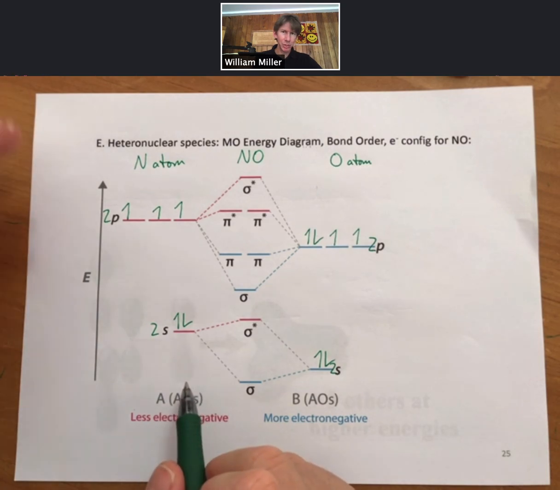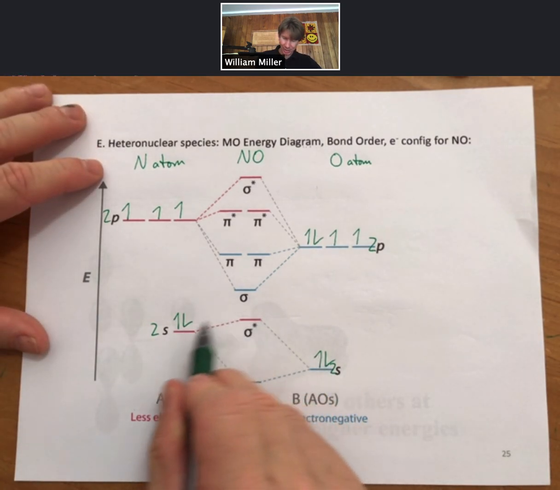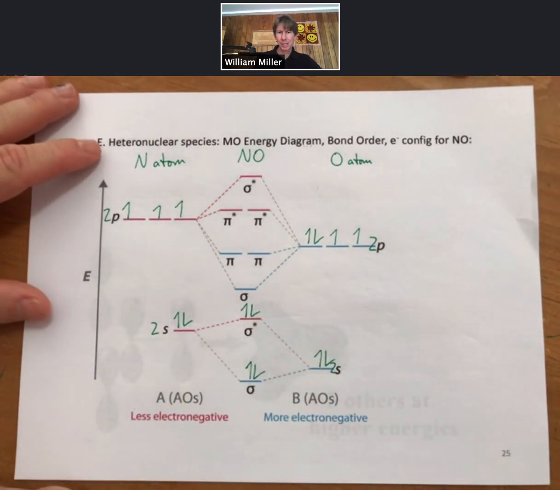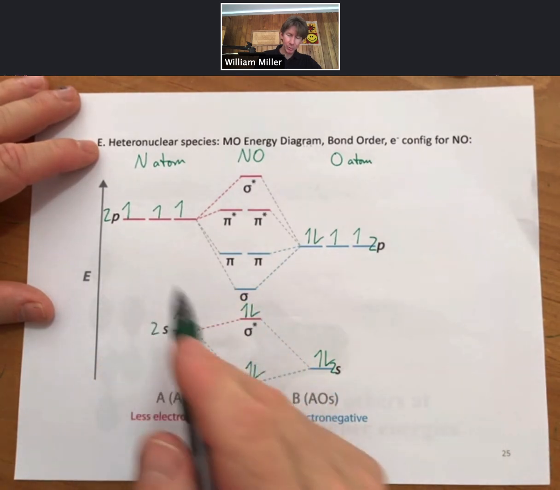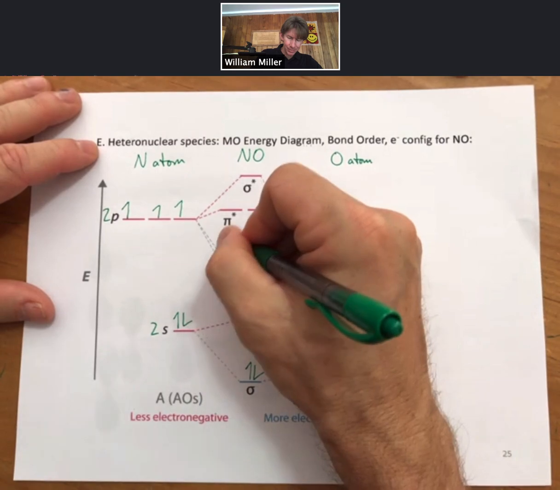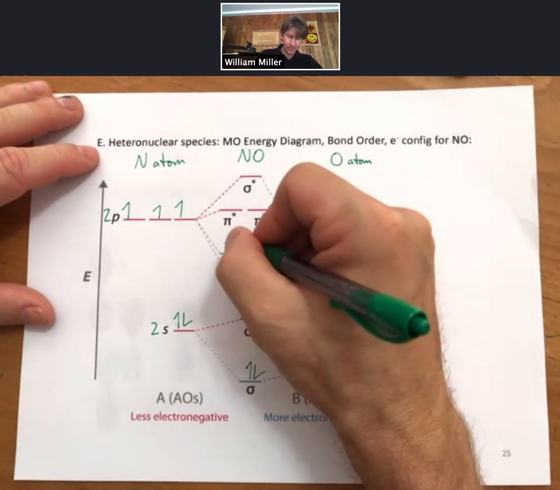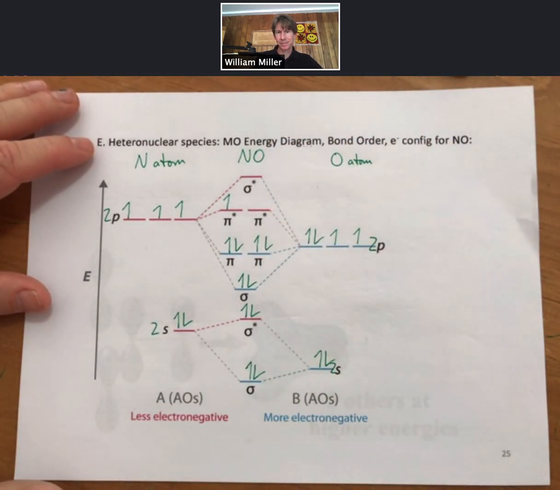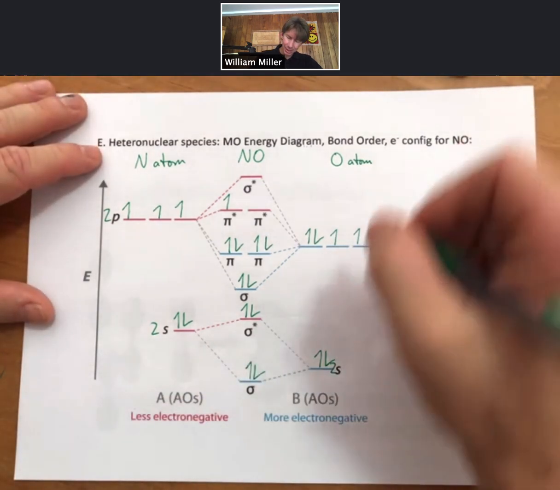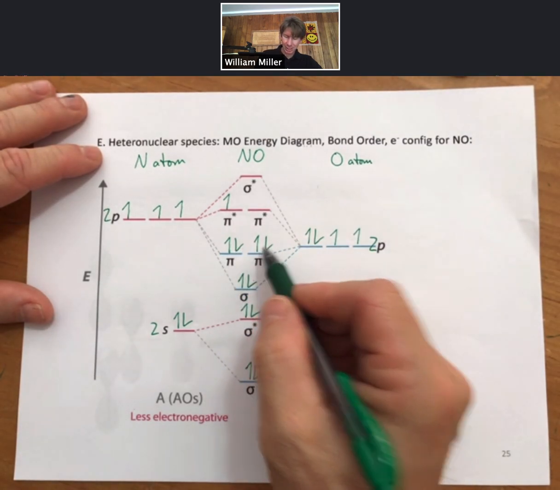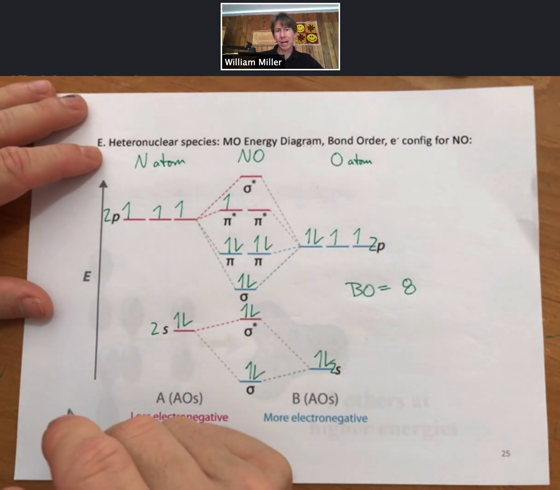And again, we just put our electrons in. We have 4 electrons down in the 2s area. 1, 2, 3, 4. We have 4 and 3. We have 7 electrons here. First 2 in the lowest one. 3, 4, 5, 6, 7. Until you run out of electrons. Now, bond order for this. We have 1, 2, 3, 4, 5, 6, 7, 8 bonding electrons.